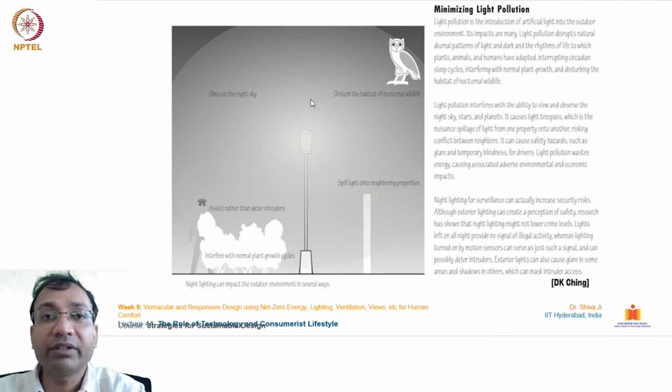or in their normal activities, they feel disturbed. And then the excess light also obscures the night sky, right? So in the cities which we observe these days, we observe a halo kind of formation of this light.